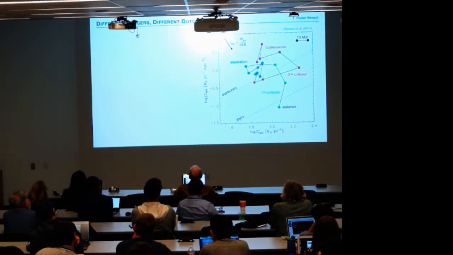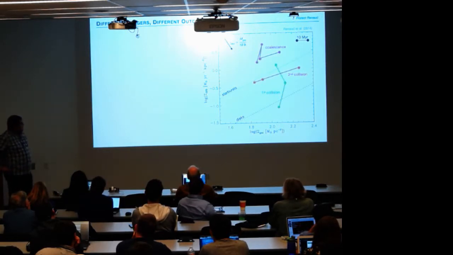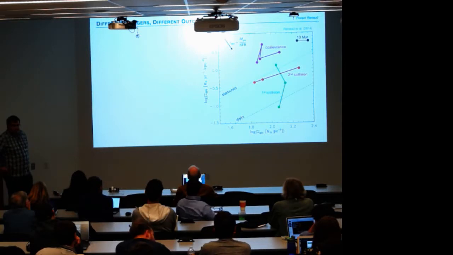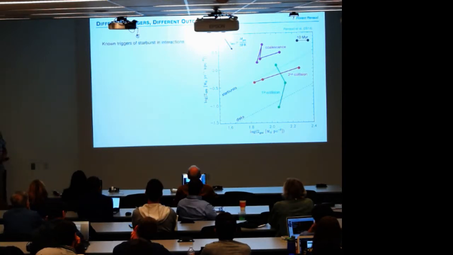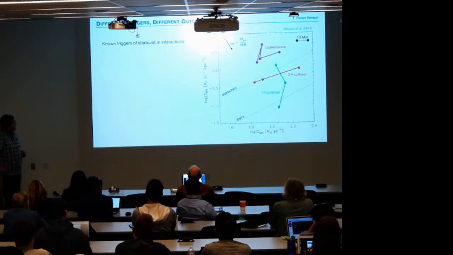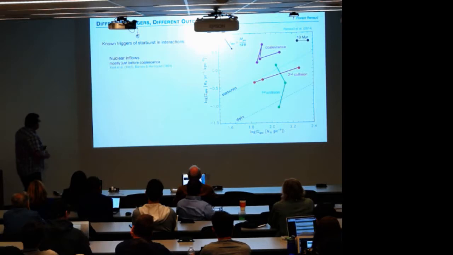So the point I want to make here is that you have 3 starburst episodes: first passage, second passage, and coalescence. And they have completely different signatures in this plot. They are not parallel, they are not similar or anything. And the reason for that, I think, is that if you analyze the known triggers, the physics behind starburst activity, you basically have 3 main factors. The first is nuclear inflows.